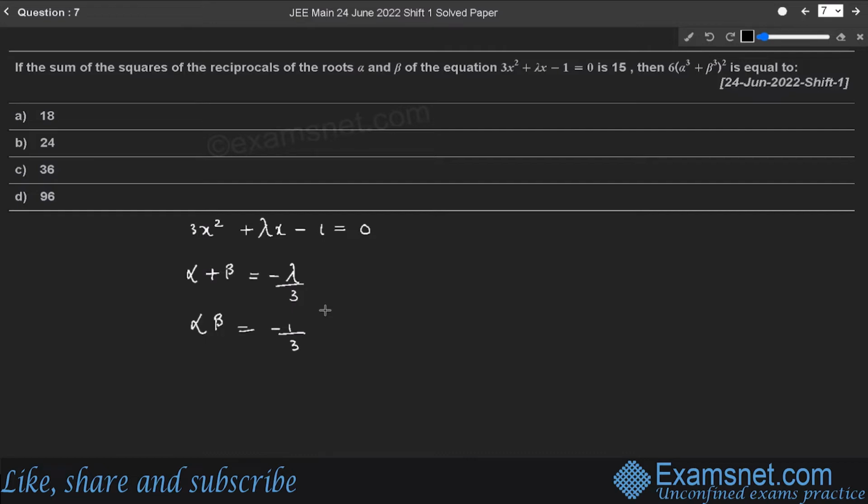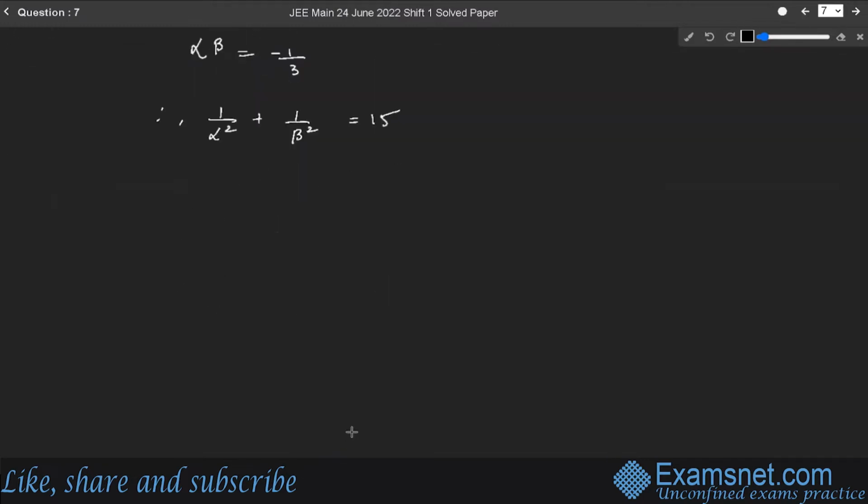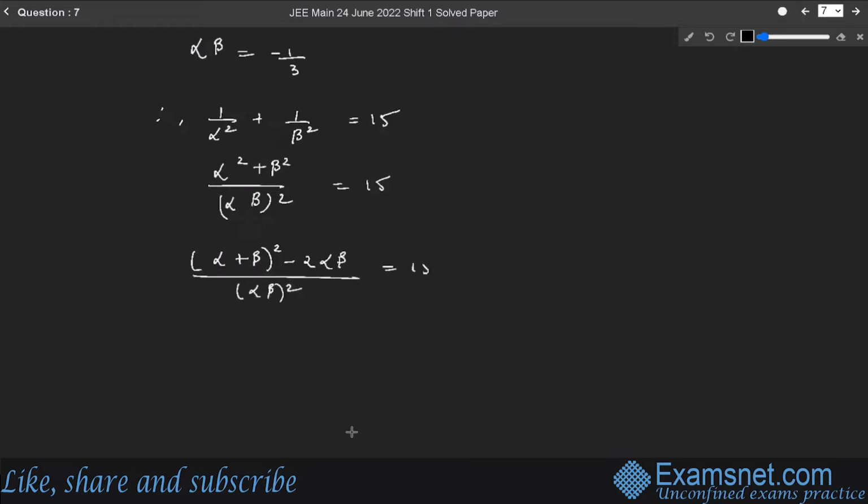It is given that the sum of squares of reciprocals of roots alpha and beta is 15. Therefore, 1 upon alpha square plus 1 upon beta square is equal to 15. It is already given in the question. On further solving, it becomes (alpha square plus beta square) divided by (alpha into beta) whole square, so it will be equal to 15. Now this can be written as (alpha plus beta) whole square minus 2 alpha beta, divided by (alpha into beta) whole square, is equal to 15.